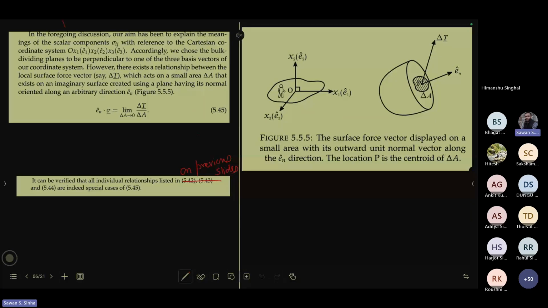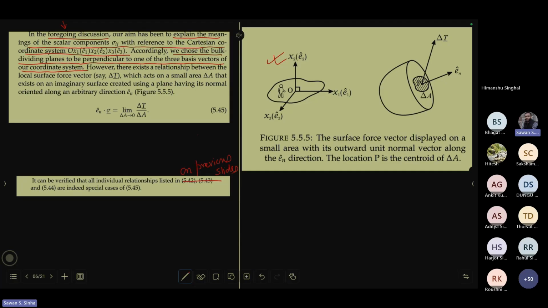In all the slides that I showed so far, our aim has been to explain the meanings of the scalar component sigma ij with reference to the Cartesian coordinate system which we have been taking, frame fixed. Accordingly, we chose the bulk dividing planes to be perpendicular to one of the 3 basis vectors of our coordinate system, right?